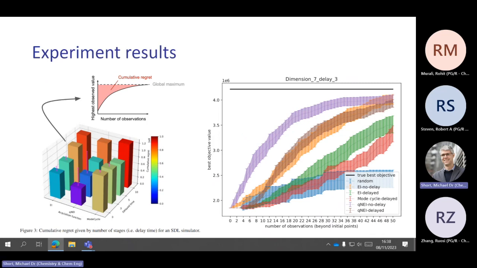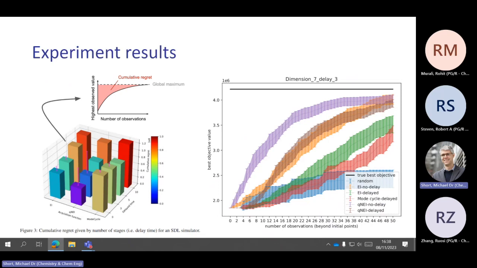These are the experiment results. In the left figure, we report the metric of accumulative regret, which is the difference between the output value and the global maximum. As we can observe, the proposed QNEI in the central column has the lowest accumulative regret.